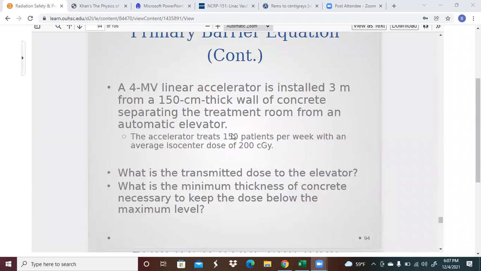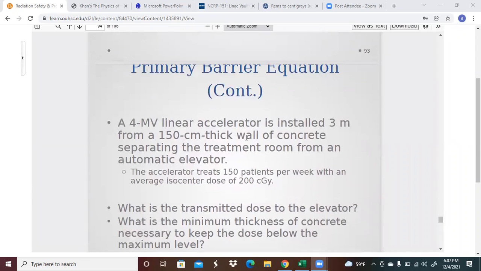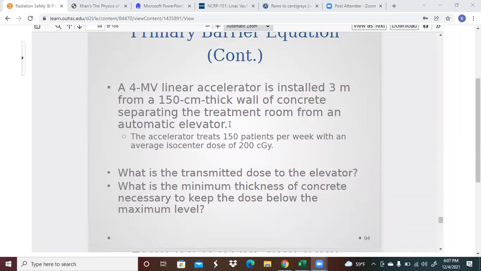Now we've got some examples here of how we might use that equation. I'm going to go through one of them, and I'll go through some other examples out of Khan so that we have an idea of how to use it. So a 4 MV linear accelerator, or whatever energy is being used at the time, is installed 3 meters from a 150 cm thick wall of concrete, separating the treatment room from an automatic elevator.